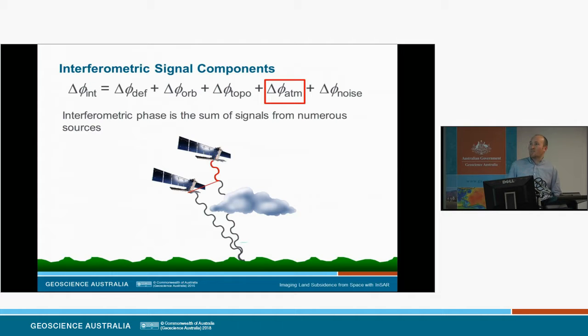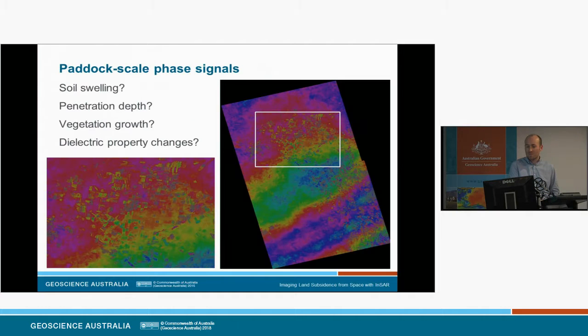So if on the first pass we don't have any water vapour, on the second pass we do, we're passing through a big cloud system, that water vapour will act to delay the phase signal that's coming back, and that will map into the interferogram. So these signal components add together to mask the deformation signal of interest, and we must do some clever processing tricks to try and remove those.